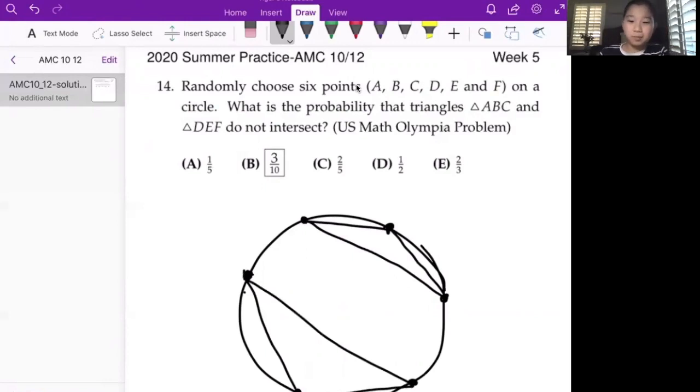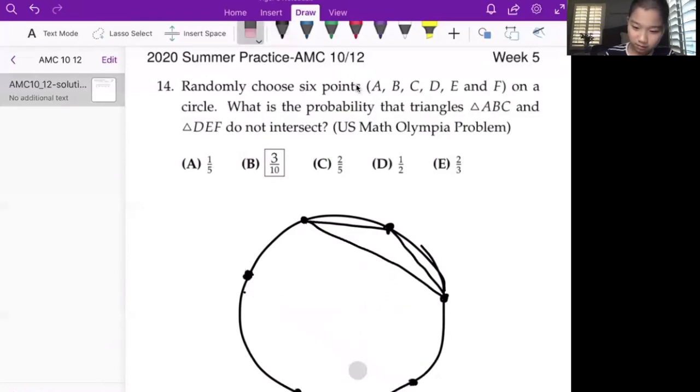So how many possibilities are there? Well, let's try to count them. The number of ways to choose A, B, C, D, E, and F so that the triangle ABC is on one side and the triangle DEF is on the other. So first, let's just divide it into how many cases there are to choose the triangles, and then let's arrange the points.